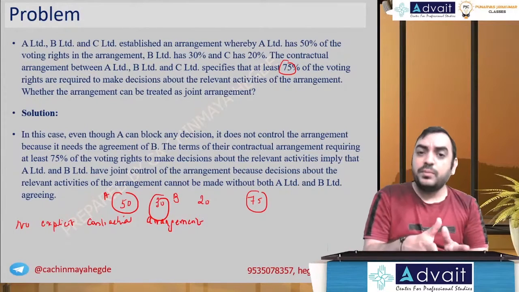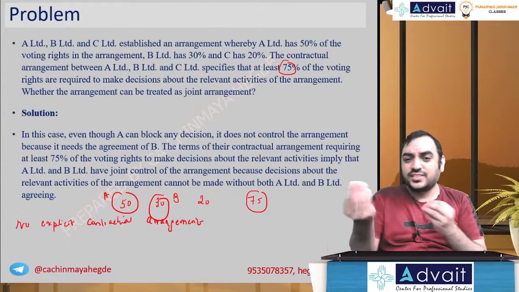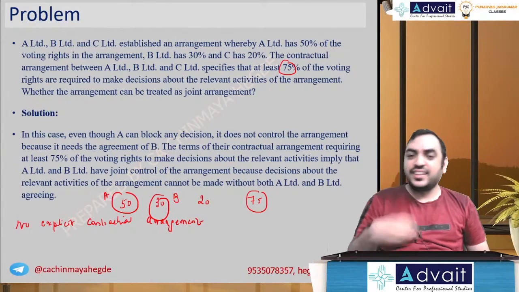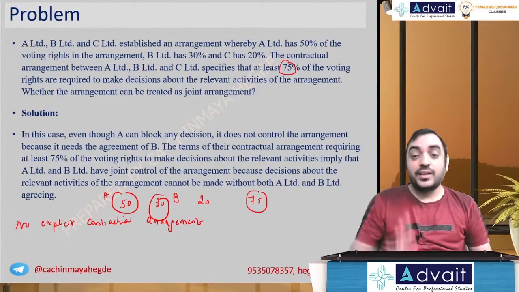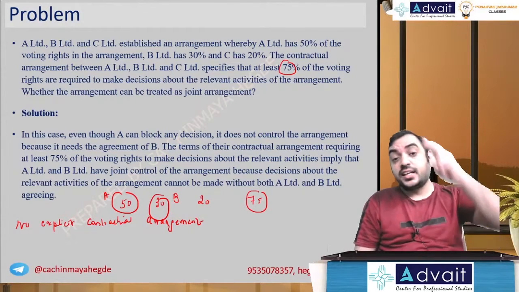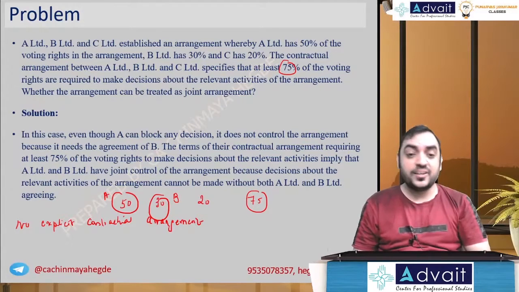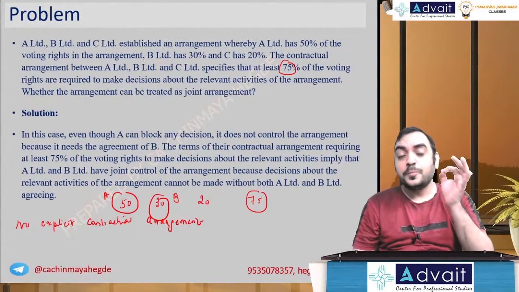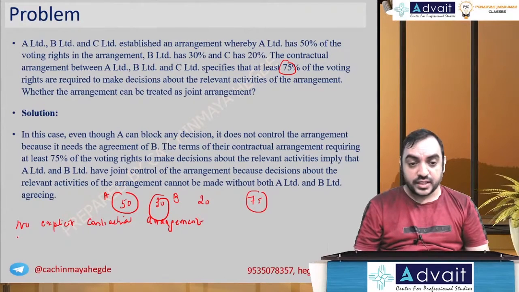C may be required, may not be required. He is not really relevant here, because that is not going to add anything to the decision you are going to take. He may say yes, he may say no, but the two parties that must agree to take the decisions are A and B. Therefore, there is implicit joint control.